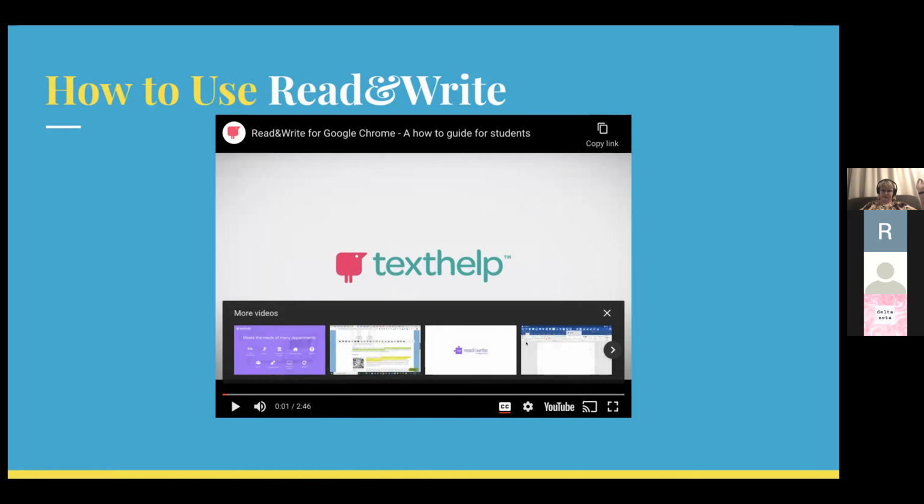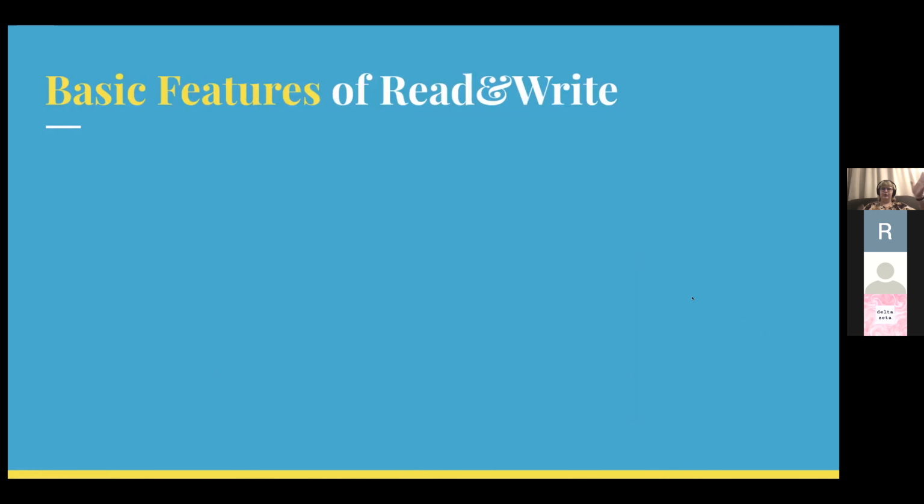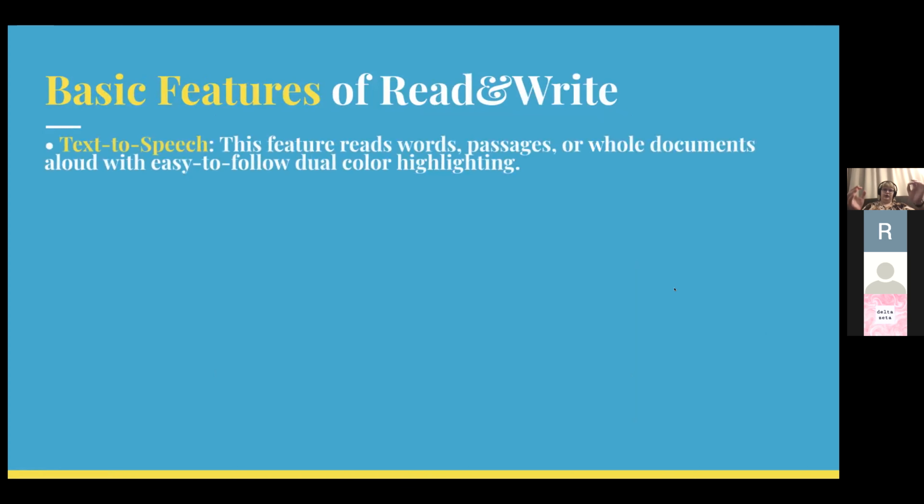Yeah, it goes on for a while, but it's a really fantastic video that was really helpful when making this presentation. So, the basic features of Read and Write. The most prominent feature of Read and Write, arguably, is text-to-speech. And so, when you are in a document, or if you're on a website, this feature will read the words, the passages, or even entire documents aloud.